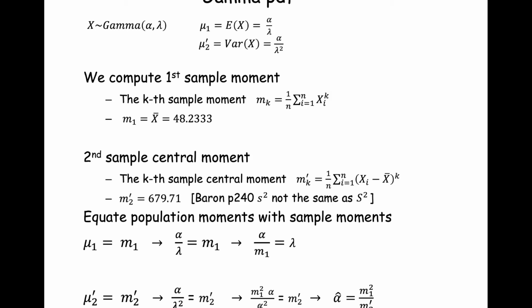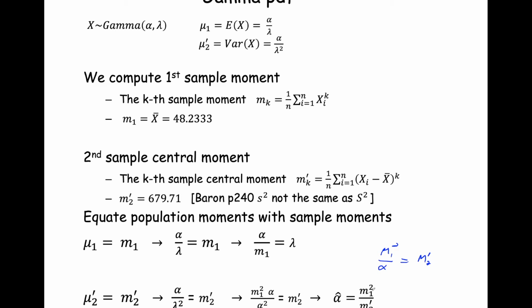I have alpha upon alpha, so I'm going to do that division, and that gives me m1 squared over alpha, because the alpha in the numerator and the alpha in the denominator cancel, is equal to m2 prime. Then I multiply both sides of equality by alpha, divide both sides of equality by m2 prime, and it gives me this result for alpha, and that's going to be my estimator for alpha. So I call it alpha hat.